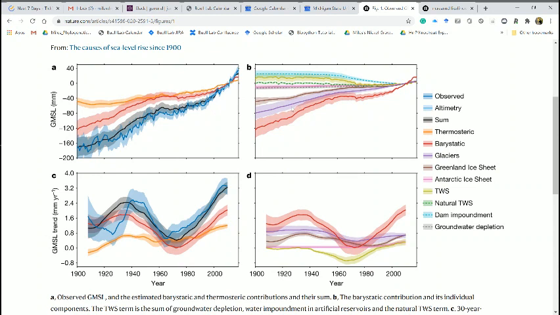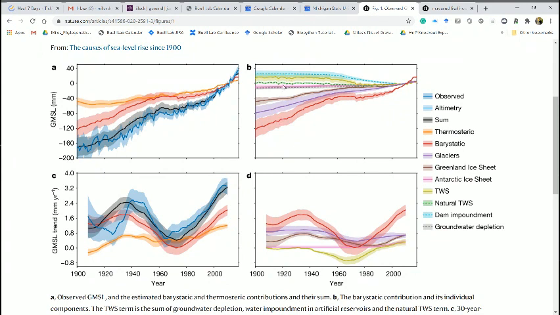And then over here we have, looks like it's split up by, here we have sea level rise split up by cause, possibly. So starting with, looks like purple is glaciers, red is barostatic, not sure what that is, brown is Greenland ice sheet melting, pink is Antarctic ice sheet melting, groundwater depletion with the dotted gray line, natural TWS, not sure what that is, and then dam impoundment.